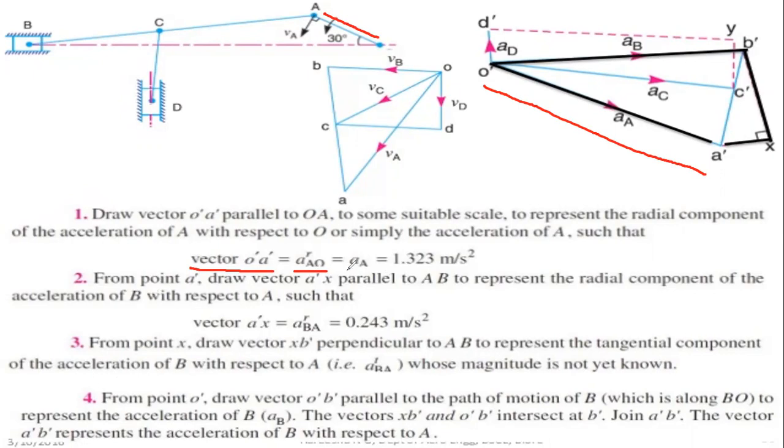So acceleration of A is measured as 1.323 meters per second square. So the length to be measured is 1.323 meters per second square to the defined scale. If we measure on the scale, the length O dash A dash comes to 1.323 meters per second square.